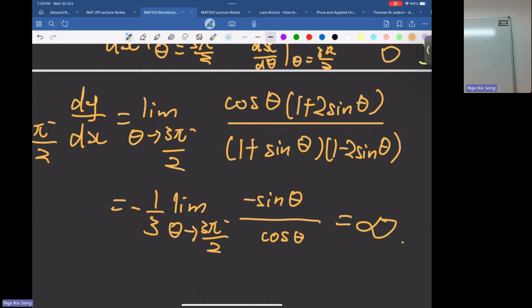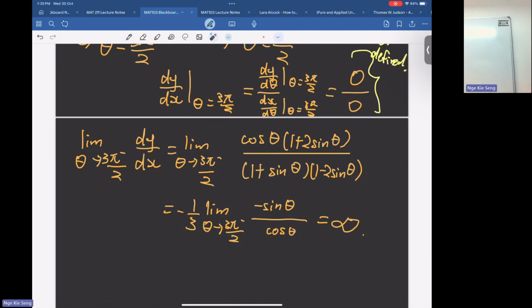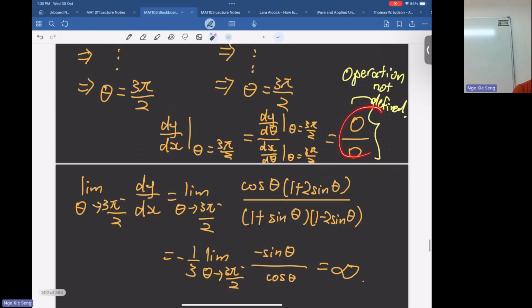So actually you get the limit of dy dx going to infinity when you get close to 3 pi. Any question? So it's not 0 over 0. 0 over 0 is quite controversial. If the top is really 0 and the bottom is really big, not sure how to do it. Okay, never mind, don't want to go into this issue. But it's not defined, this thing here.